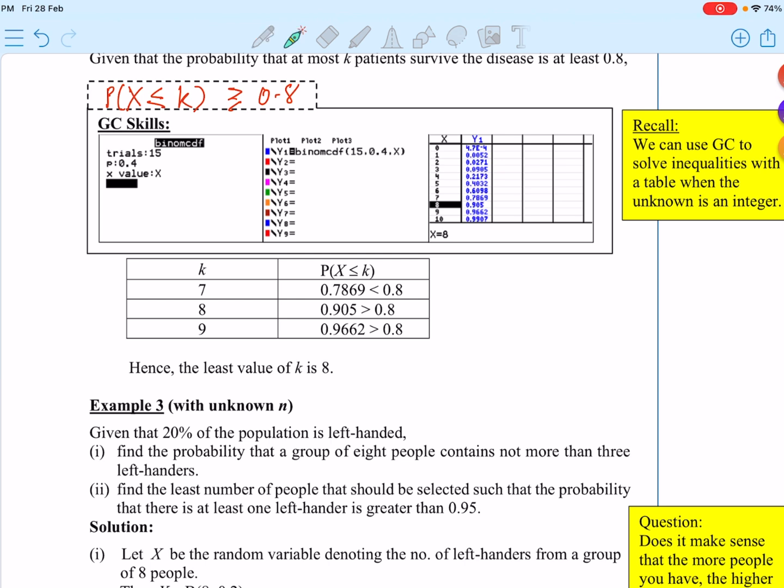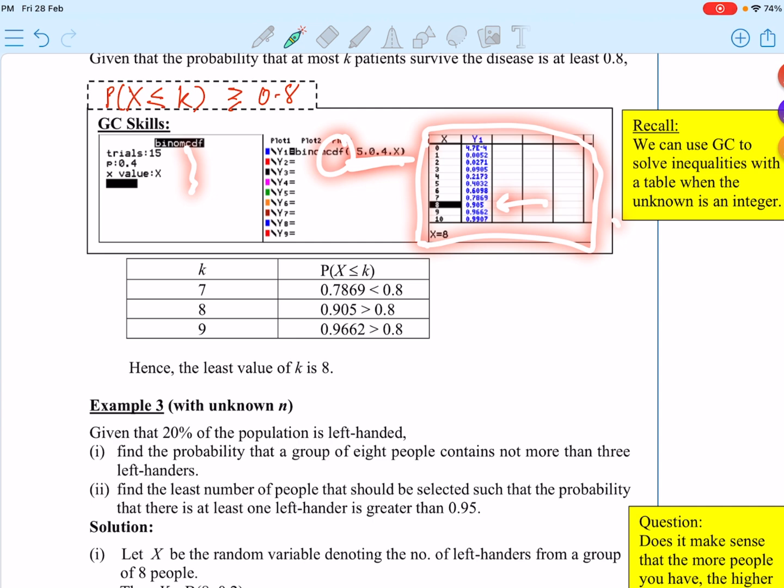Then next is to key this into the GC, using your graphical mode. You key in under y1 using binomial CDF with the respective parameters, which is indicated in this table. Then you observe from your table settings. You run through the list of values and look for the row that is close to 0.8.